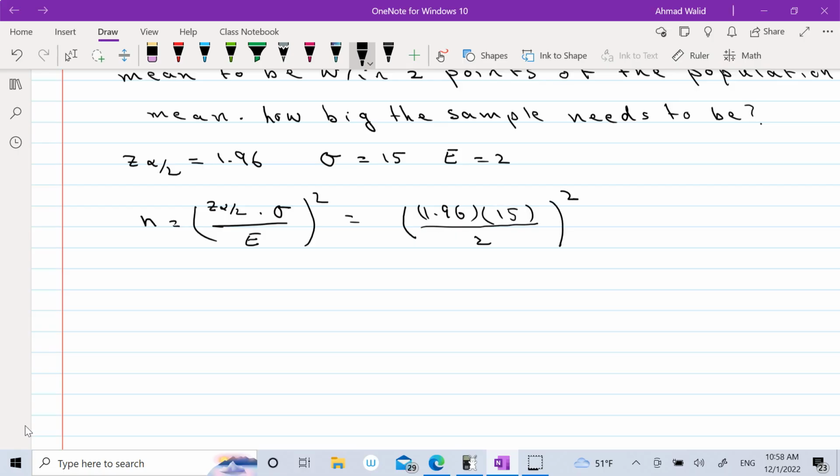If you do this calculation, your N will be 216.09. Because it's a decimal, and we are dealing with human bodies in our sample, you round it up to 217. That will be the sample size.